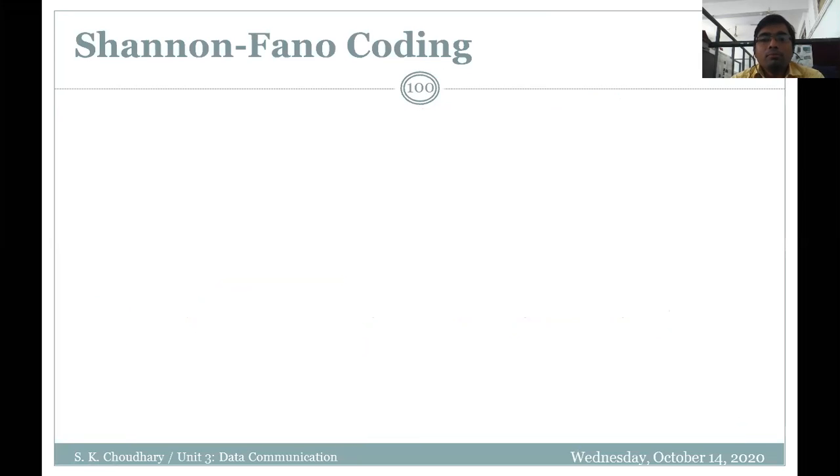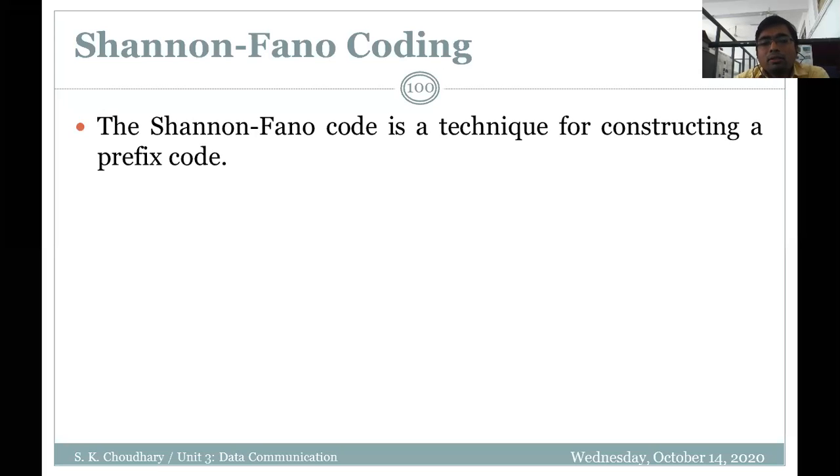Now come to another topic, that is Shannon-Fano coding. It is also called Fano coding. So for the Shannon-Fano code, everyone please note down the procedure because it would be helpful for solving the numericals. The Shannon-Fano code is a technique for constructing a prefix code.